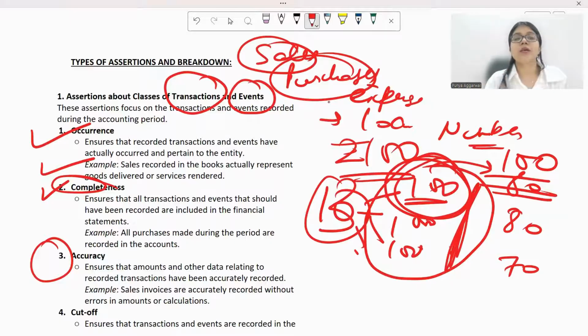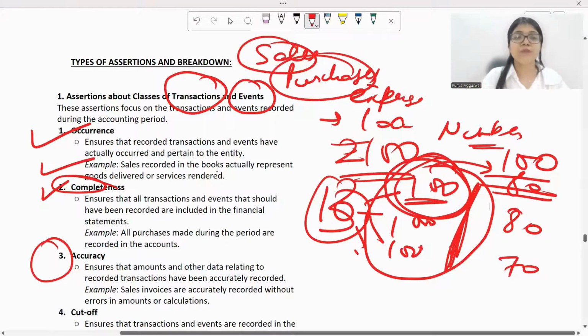So sales invoices are accurately recorded without errors in the amounts or the calculation. So as I mentioned, the amounts should be correct. So these two run in parallel. Okay, completeness is only for the quantification, that your quantity is correct. If 4 transactions have happened, you have recognized only 4, whereas accuracy is about the valuation, that you have recognized the right amounts in the financial statements. I hope it is clear now.